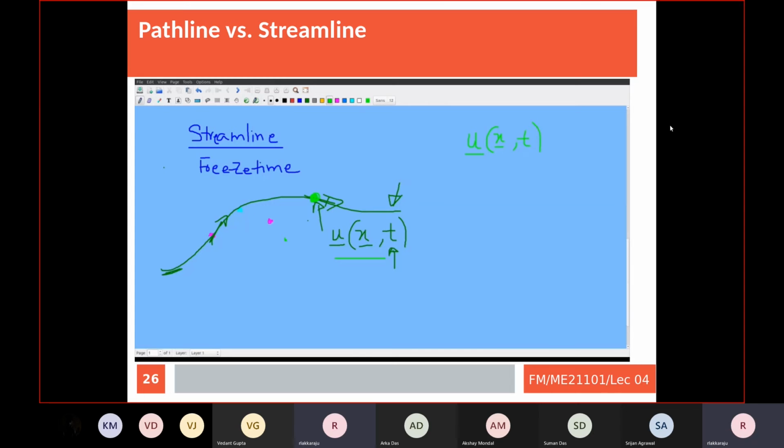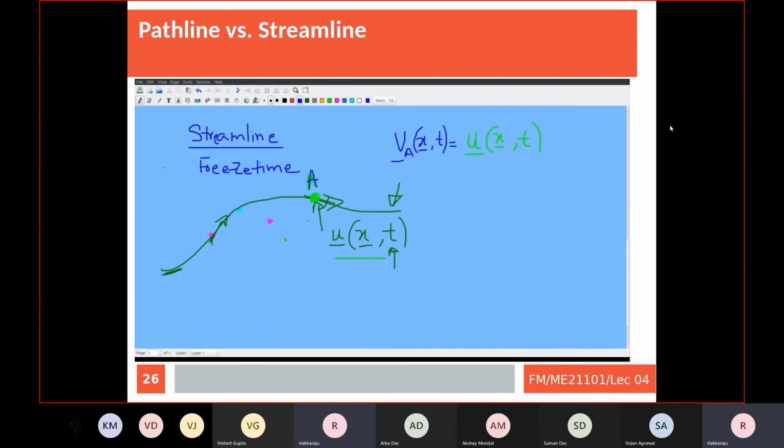You freeze at a time, so there must be some fluid particle, and let us call that fluid particle A. That is supposed to be the velocity of that fluid particle A at that given instant of time.